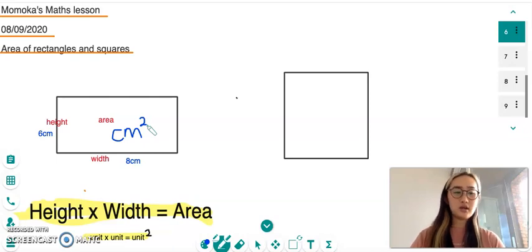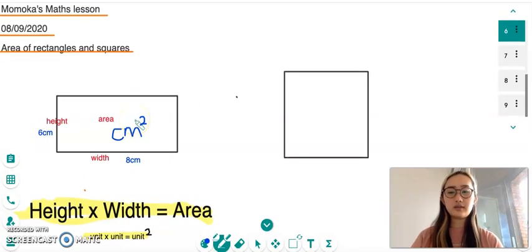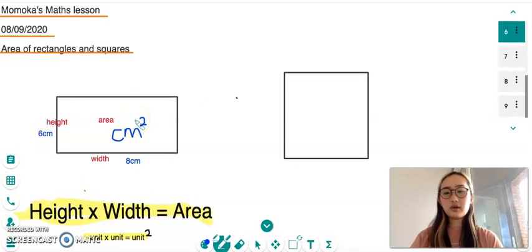I like to ask them questions during the lesson to keep them engaged and focused and to make sure they're understanding the content. I also like to relate these examples to everyday objects just to make it a little bit more interesting. So yeah, 6 times 8 is 48 centimeters squared here.